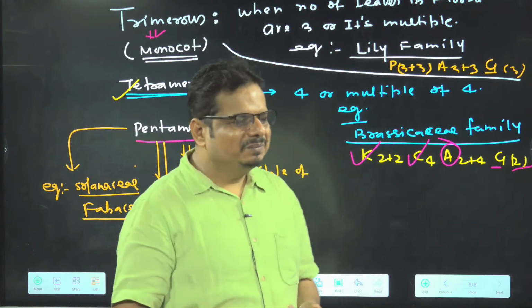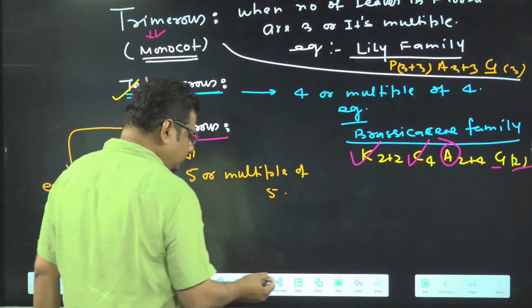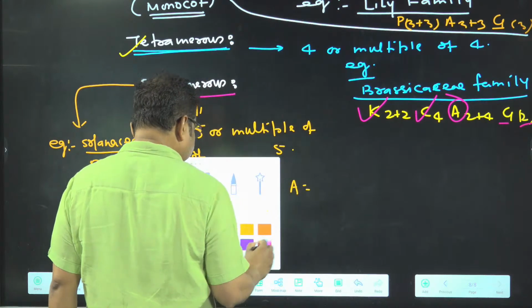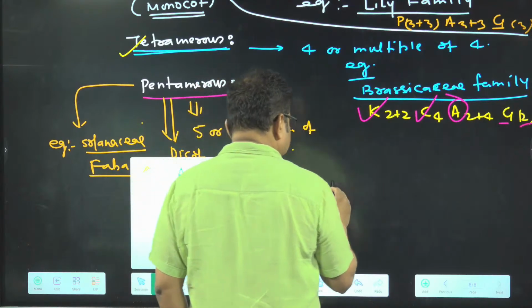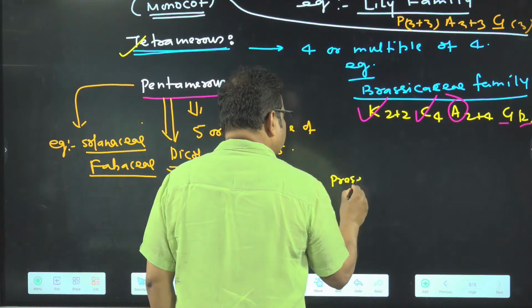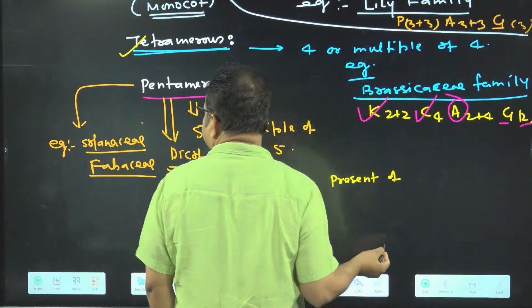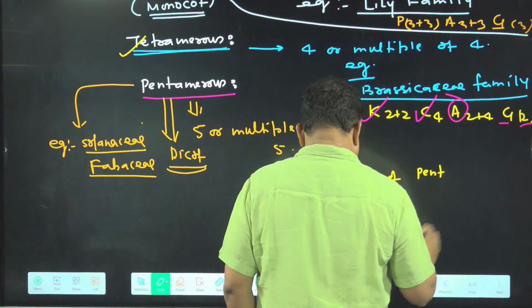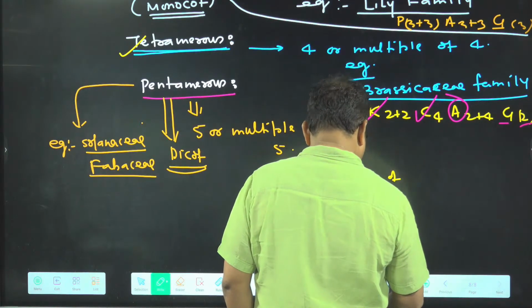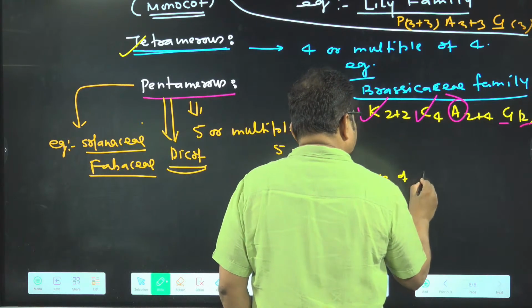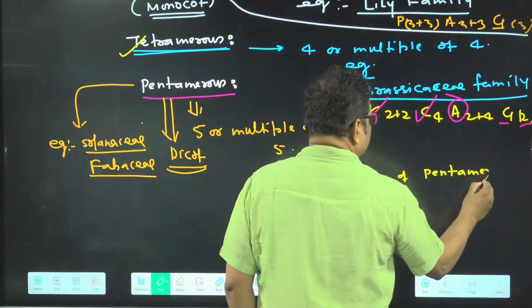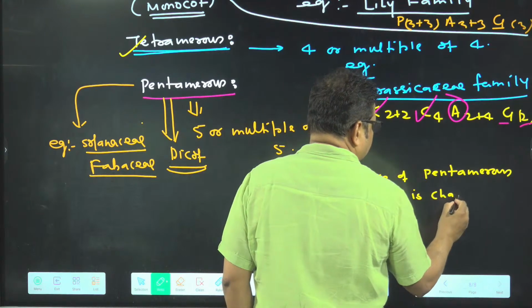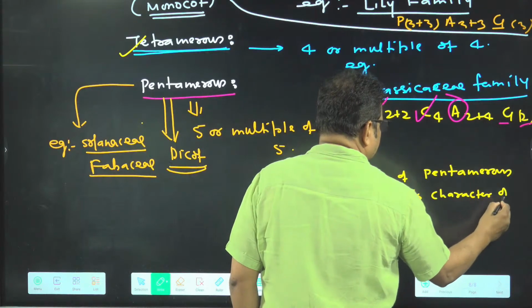Assertion: Presence of pentamerous flower is a character of dicot.